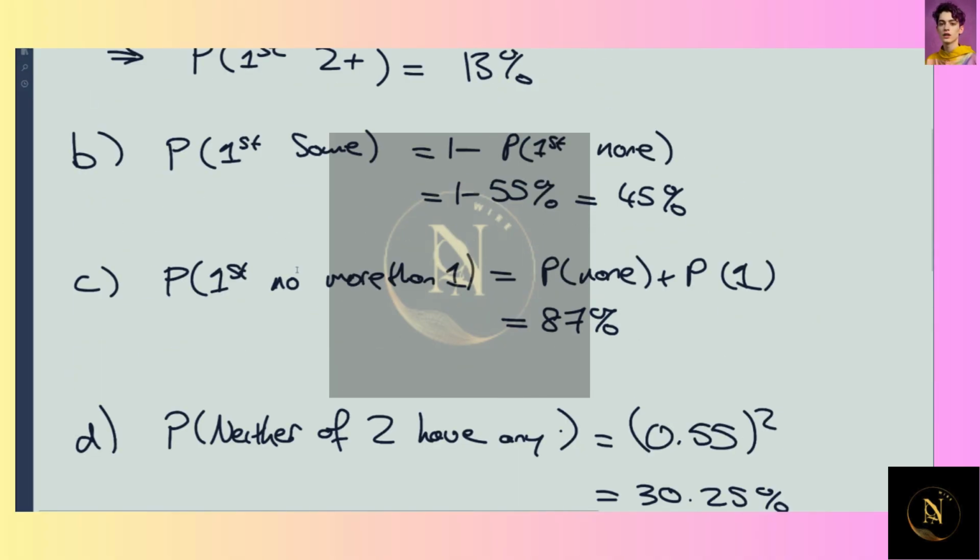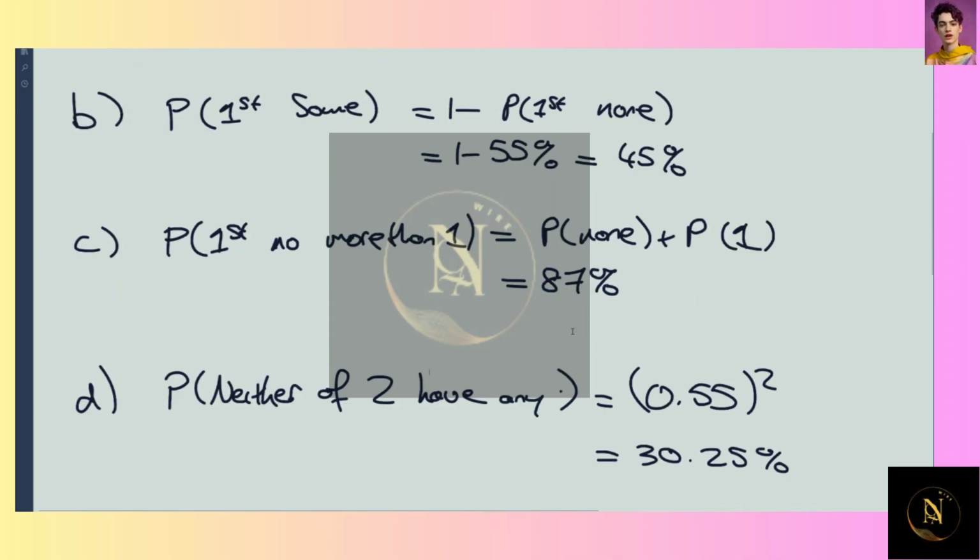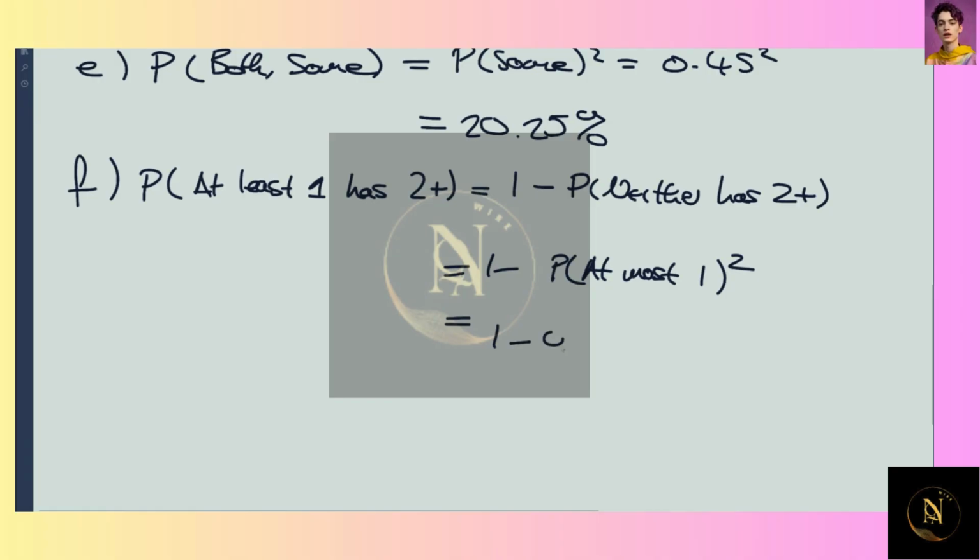And the probability of having at most 1 is the probability that we calculated here, which is 87%. So it's 1 minus 0.87 squared, which is 24.31%.